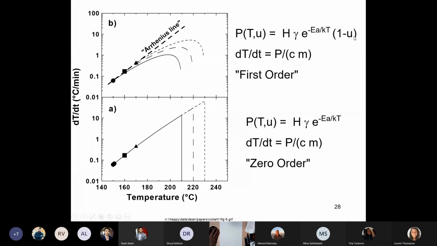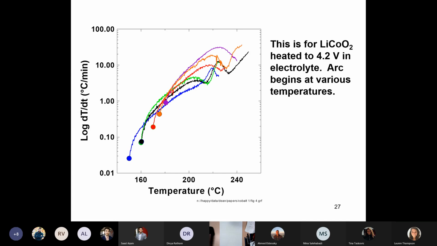U is greater than 0. So this whole term is less than it would be when you start at 160 degrees compared to 150 degrees. If you remember the previous data, that's not the case.